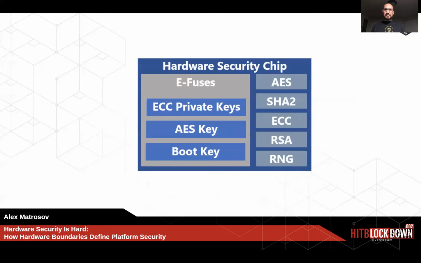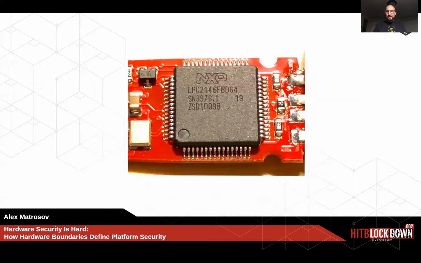So usual chips for hardware security have fuses and some encryption algorithms, usually symmetric and sometimes asymmetric, and random number generators, and of course in the fuses we have the keys. And sometimes these chips look pretty simple.